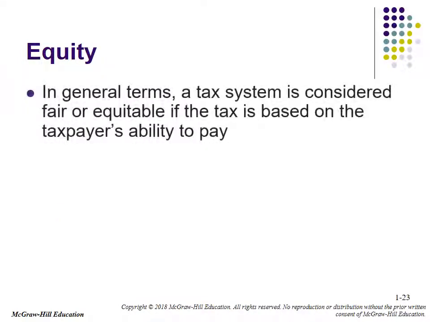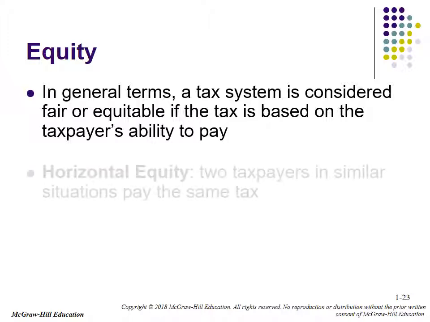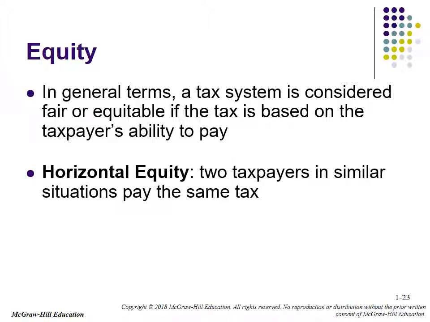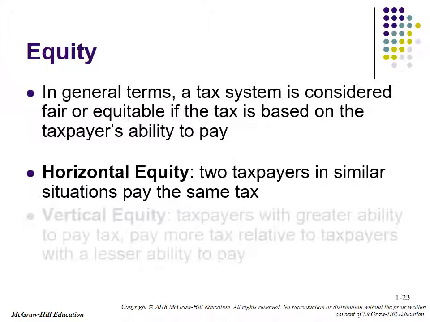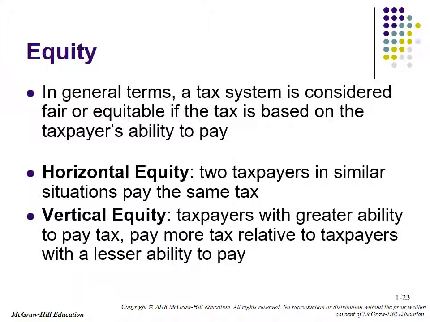Again, equity. A tax system is considered fair or equitable if it's based on the taxpayer's ability to pay. So that's another reason, too. We'll see that progressive tax system. Horizontal equity. We need this kind of equity if two taxpayers in similar situations pay the same tax. Vertical equity means taxpayers with greater ability to pay tax pay more tax relative to taxpayers with lesser ability to pay.